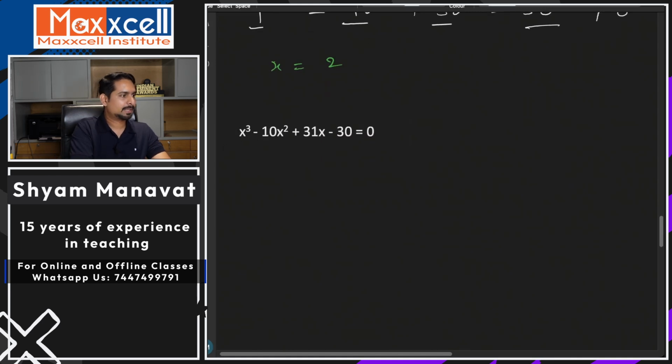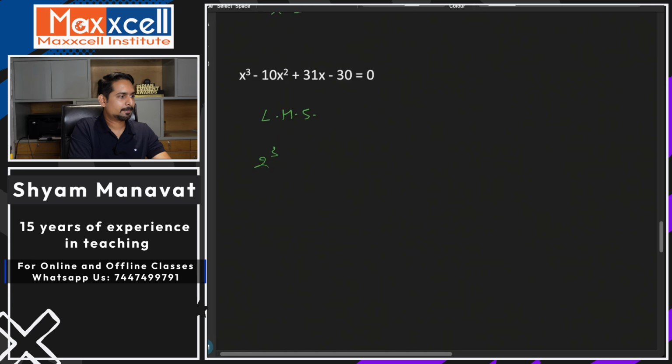For x is equal to 2, the left hand side is going to be 2 cube minus 10 into 2 square plus 31 into 2 minus 30. Here I got 8, minus 2 square is 4, so minus 40, plus here I got 62, and this is minus 30 as it is.